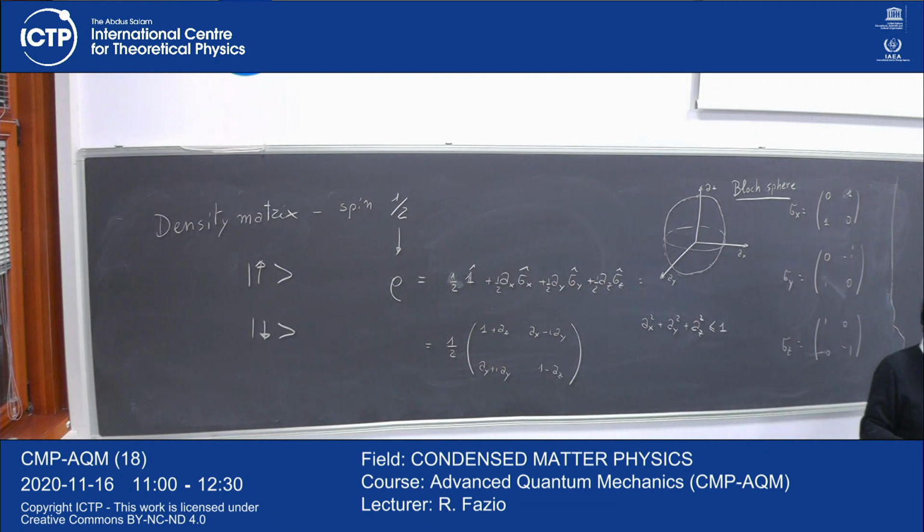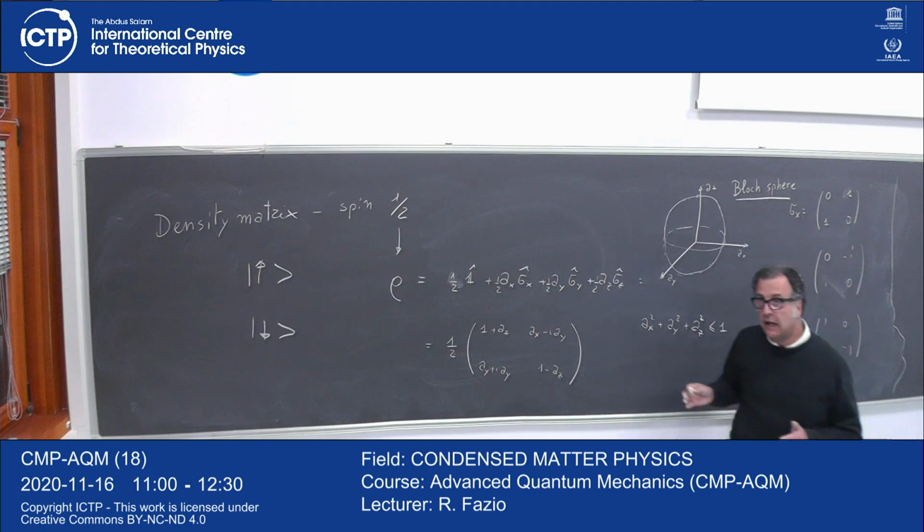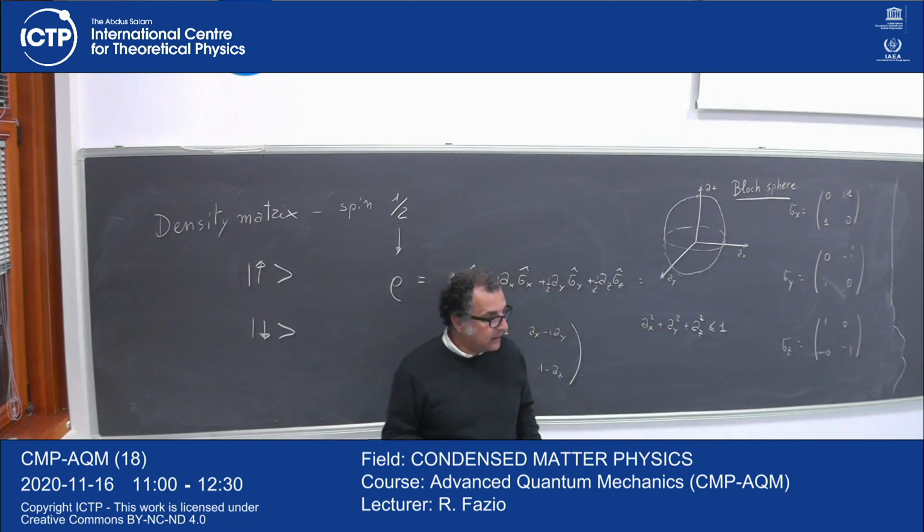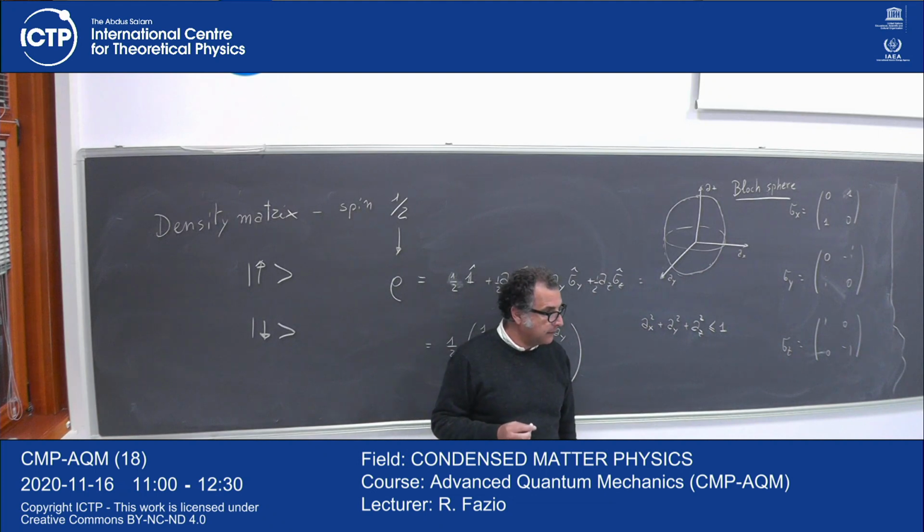So for a spin 1/2, the only states which are pure are those on the surface of the Bloch sphere.